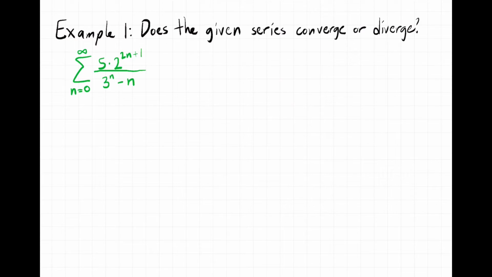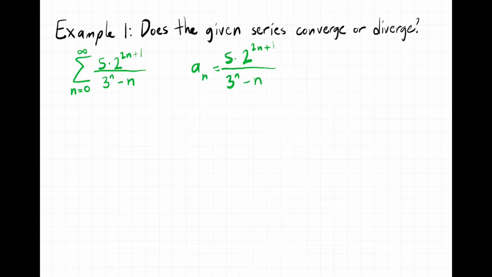Let's pull out the function that describes our an's here. So an is 5 times 2 to the power of 2n plus 1 over 3 to the n minus n. Now let's try and manipulate this a little bit and see what we can do with it.